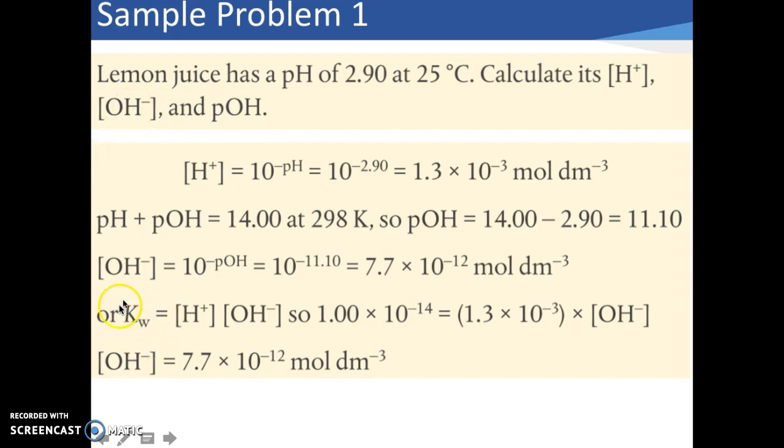As a reminder, Kw is equal to the hydrogen ion concentration times the hydroxide ion concentration. So we know that Kw is 1 times 10 to the negative 14th. And once we find our hydrogen ion concentration of 1.3 times 10 to the negative third, we could just plug and chug, and get our hydroxide ion concentration that way.